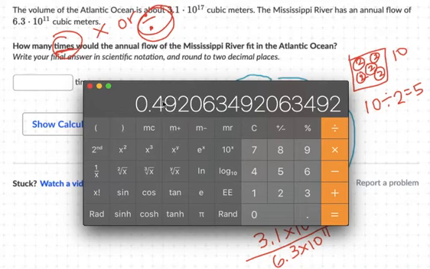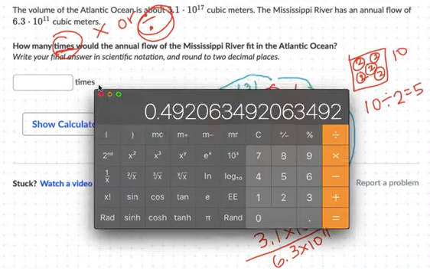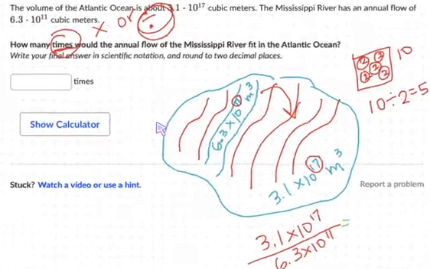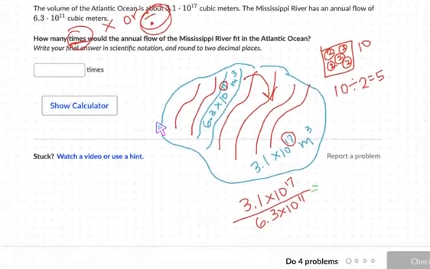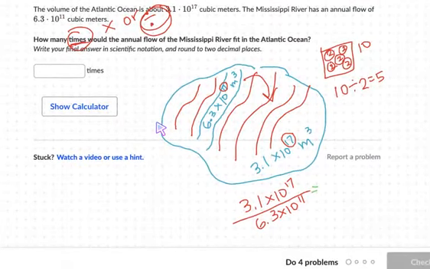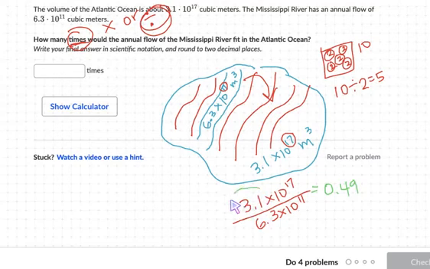So this is going to round to 0.49. Let me get some more room here. So 0.49 when we divided these two, multiplied by 10 to the, this is subtraction now because it's division, 17 minus 11 is 6, so it's 10 to the 6th power. 0.49 times 10 to the 6th power.